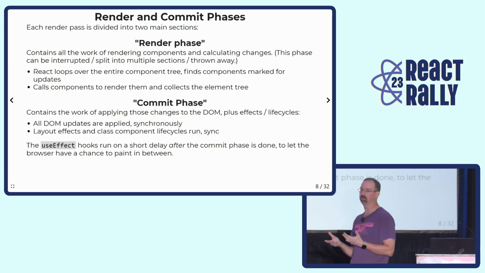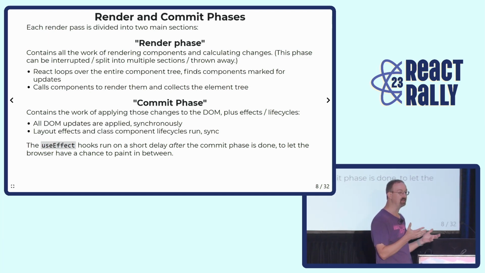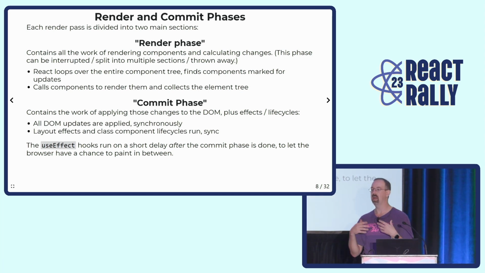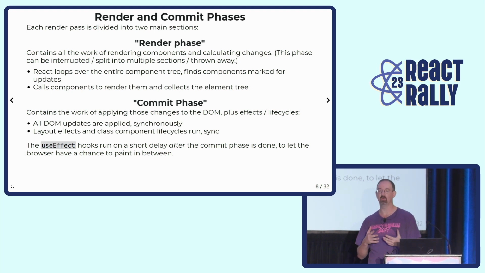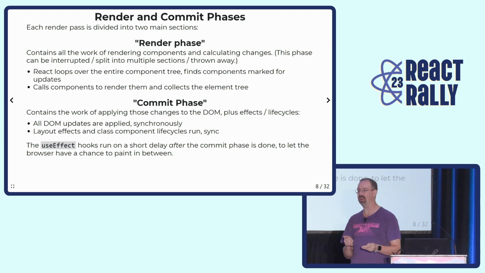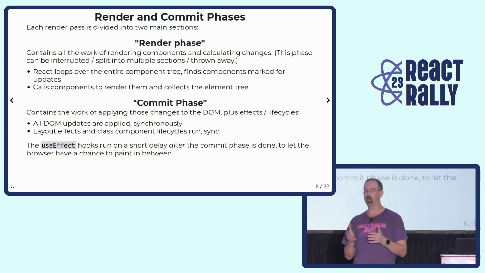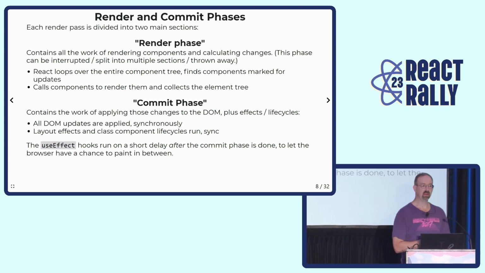Every time React renders, it kind of splits the work into two distinct phases. The first phase is called the render phase, and this is when it's actually looping over all the components and calling them, collecting those element objects, and doing the diffing work. React can actually split up the render phase into smaller chunks, pause it, resume it later, or even throw away some of the work in some cases.